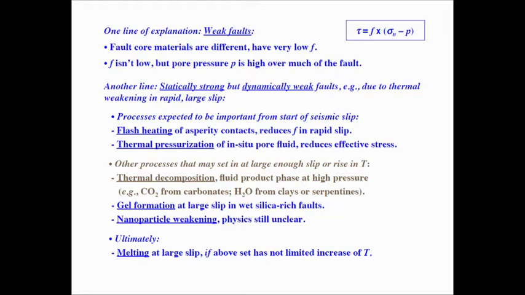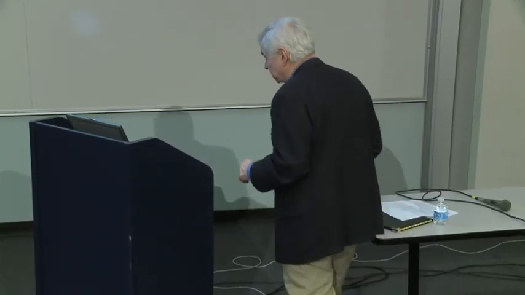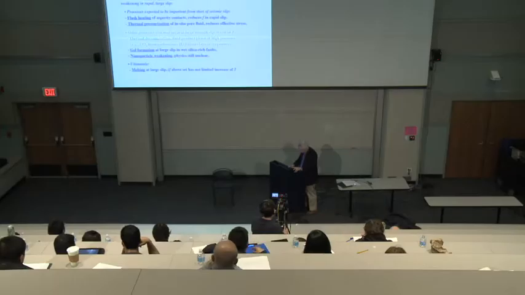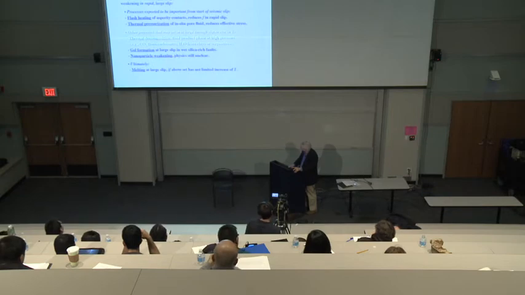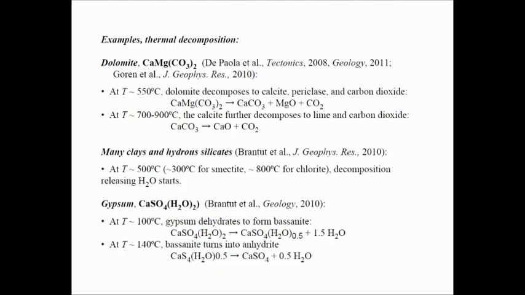They will decompose into CO2 and some denser phase of rock. So these are the kinds of decompositions, and carbonates and clays and phyllosilicates, a more general term that includes clay, serpentines, and the like, are fairly common constituents of fault zones.